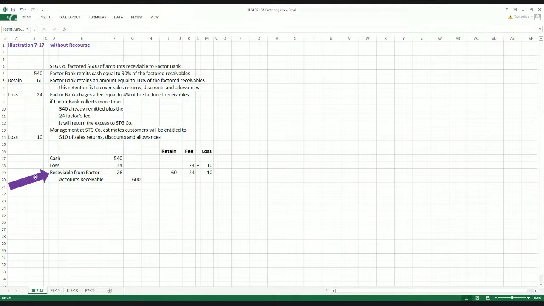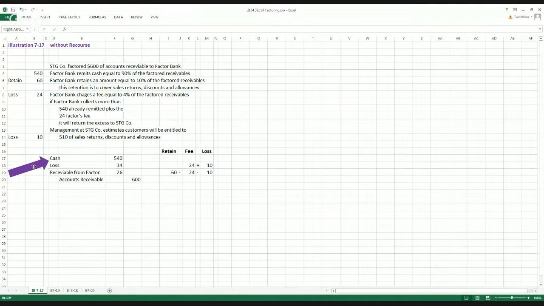The receivable from the factor is the remainder, the $60 retention. But we know we're not going to get $24 of that back because that's the factor's fee. We're never going to see that. And our best estimate of sales returns, discounts, and allowances is $10. So hopefully we'll get $26 back. So we have a receivable from factor. So there's the entry.